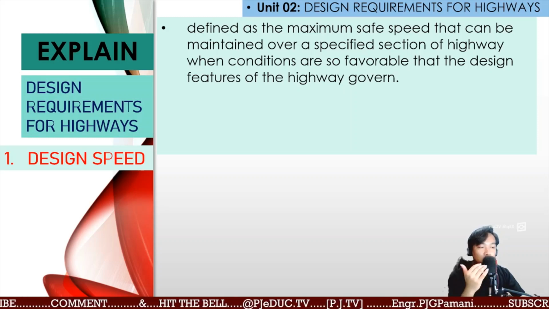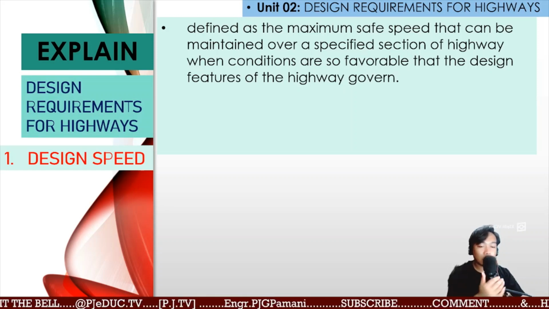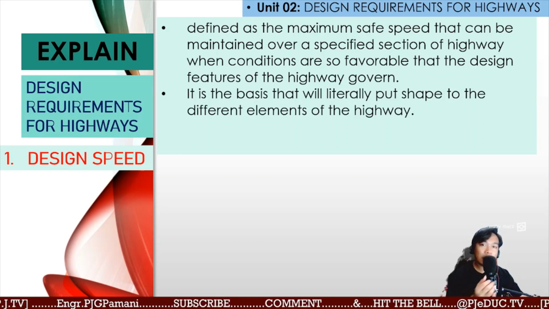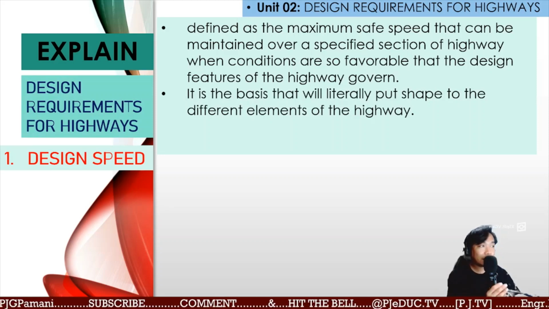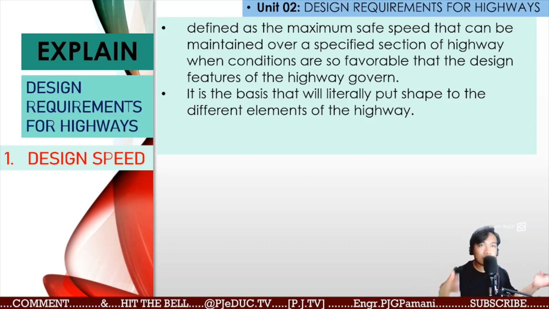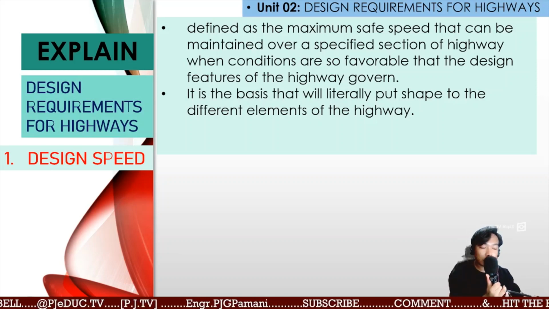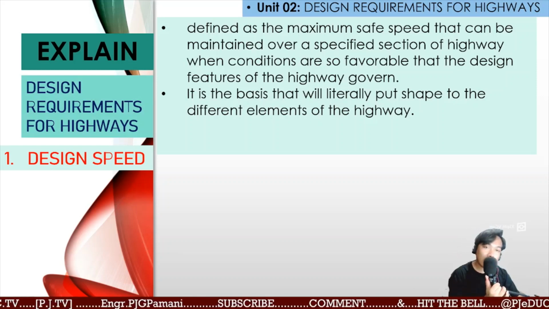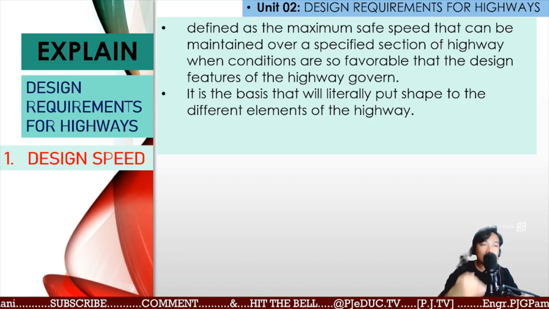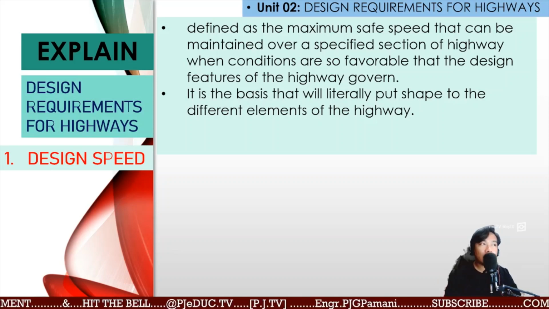So, we will always need to impose design speed on the curvature of the highway. It is the basis that will literally put shape to the different elements of the highway. If we specify signages that tell us this will serve as the limiting speed or the design speed for this particular horizontal alignment, vertical alignment, or highway, it will definitely help us design the barricade and the supporting elements of a particular highway.